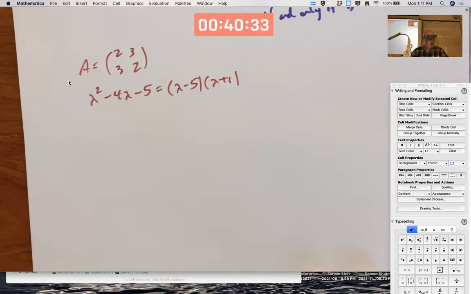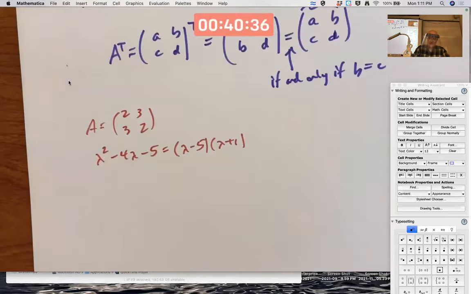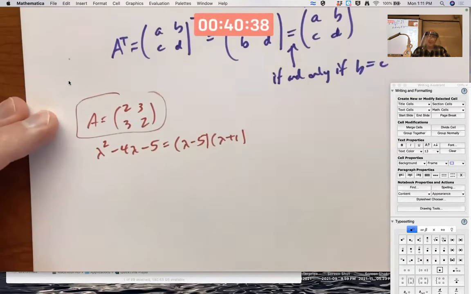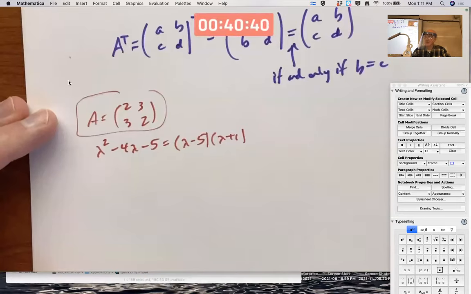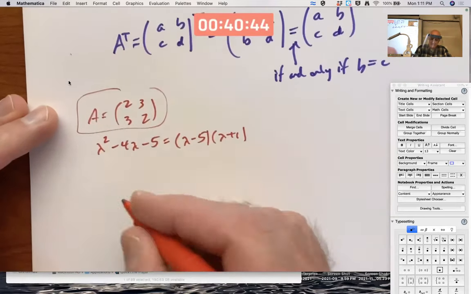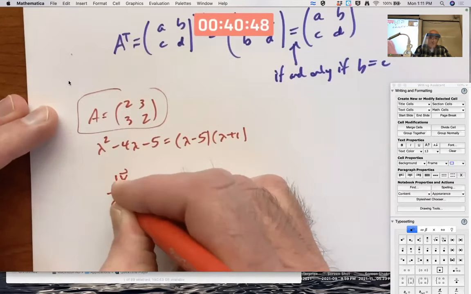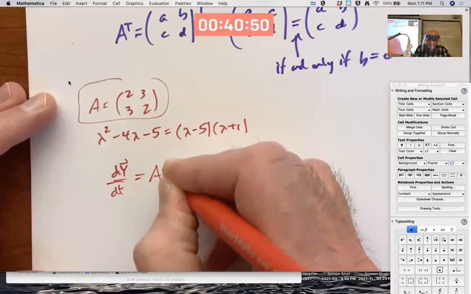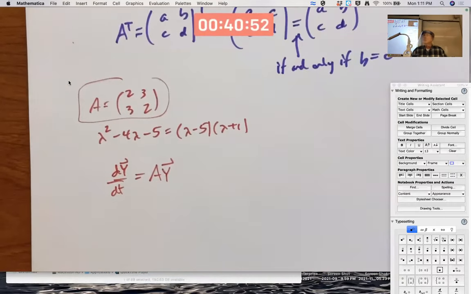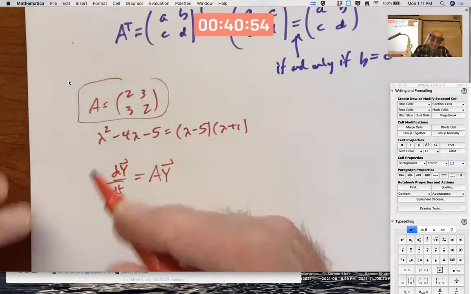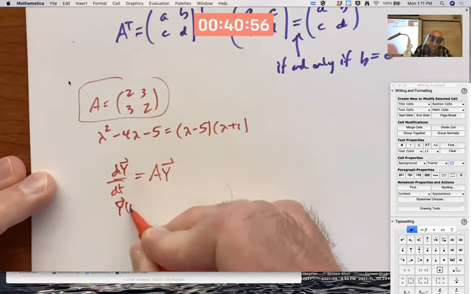What are we after again? So we're in this case. We're after trying to use linear algebra essentially in ways other than the textbook does to solve this system. And also, for sake of completeness, let's make an initial value problem.